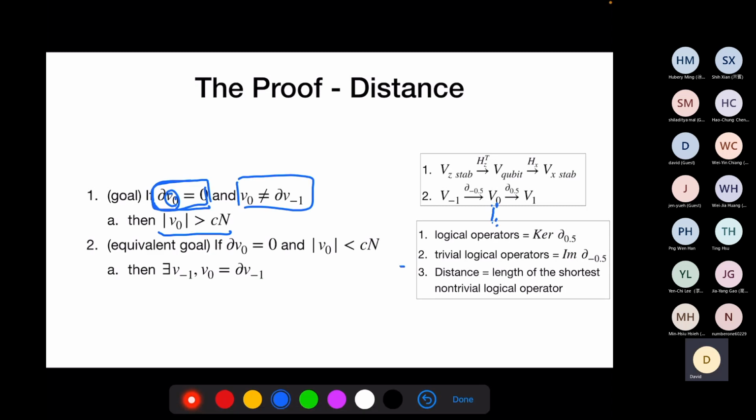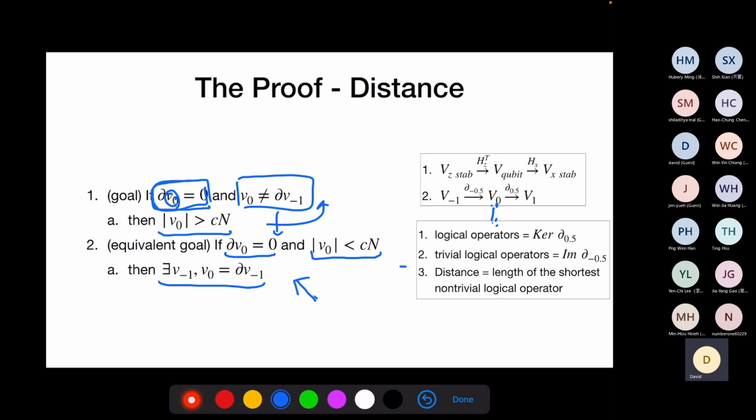Equivalently, we can swap the conditions around, and the new goal would be that for any logical operator, if the operator is short, then it has to be trivial.